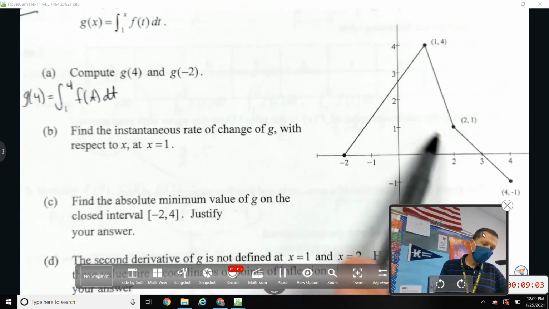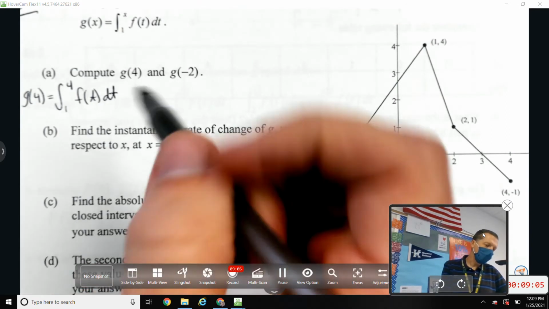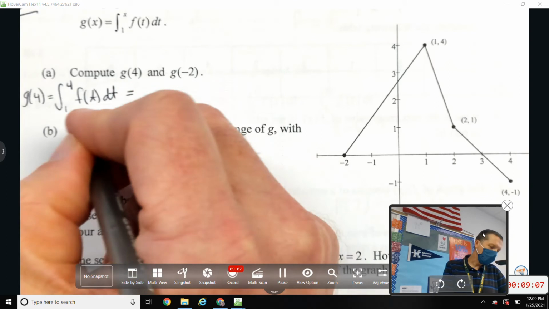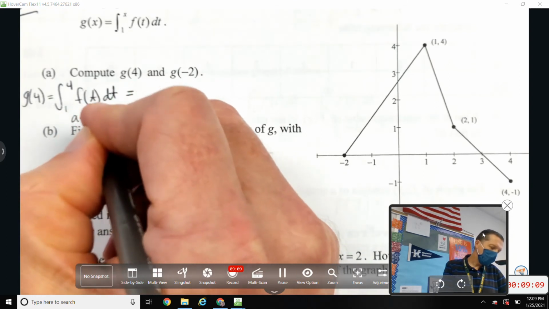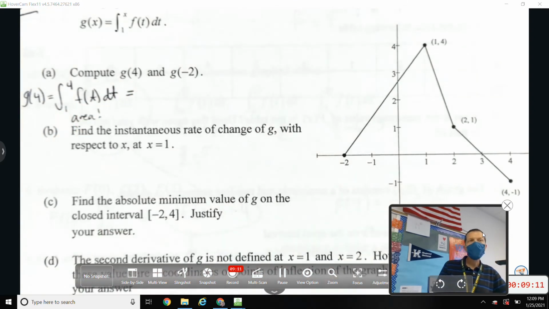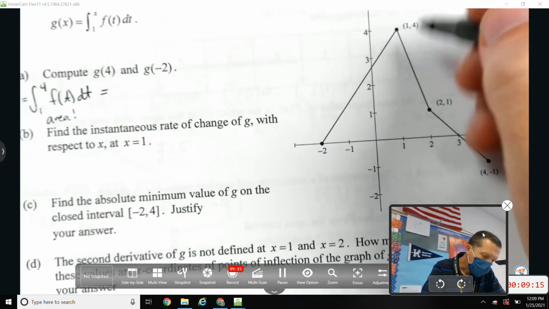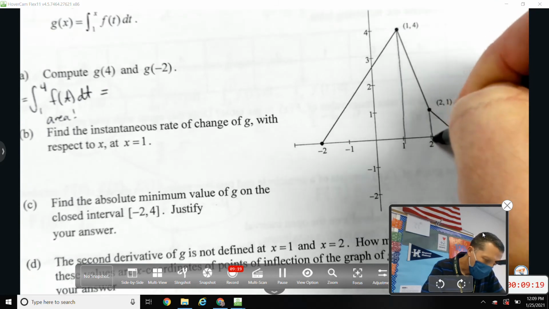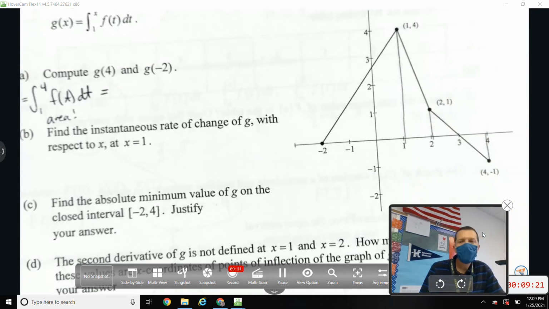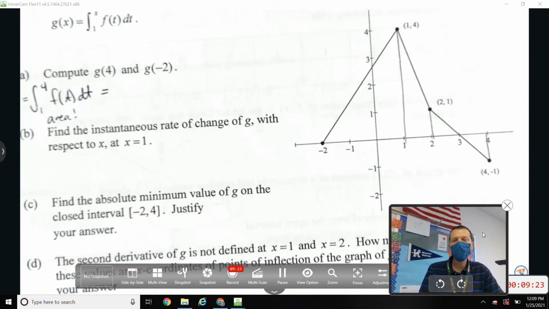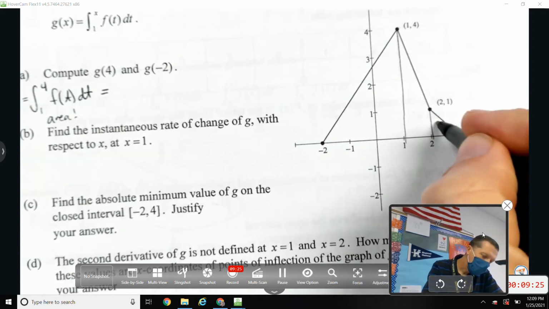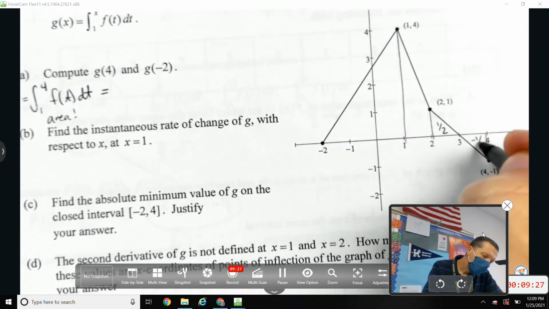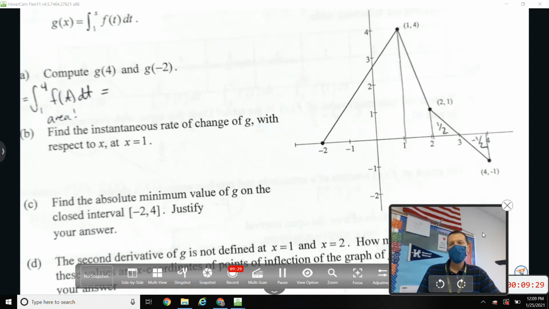For this, since this is nice straight lines, we're thinking geometry. We want area under the curve. And we don't have a formula or an equation to antiderivative anyway. So from 1 to 4, well, from 2 to 4, I can get that pretty easily. 1/2 and -1/2, those would cancel out.